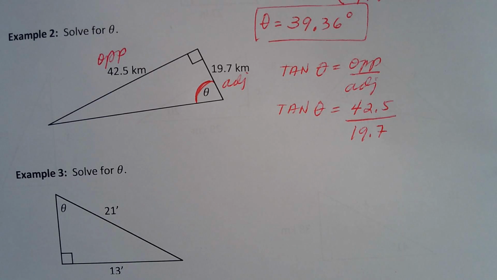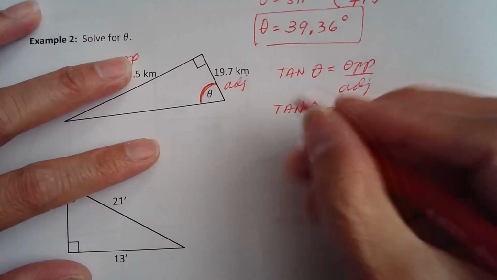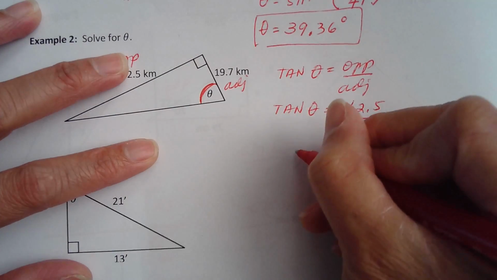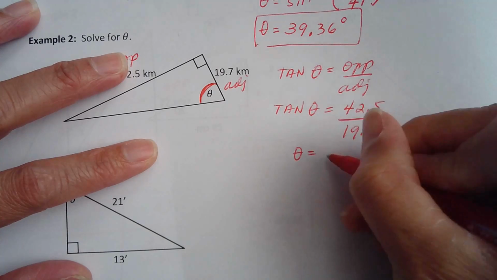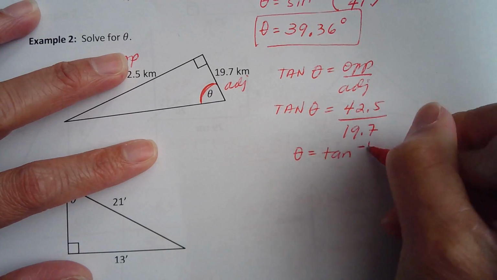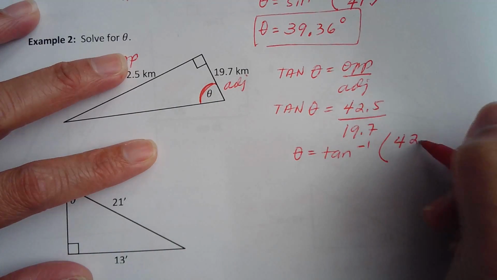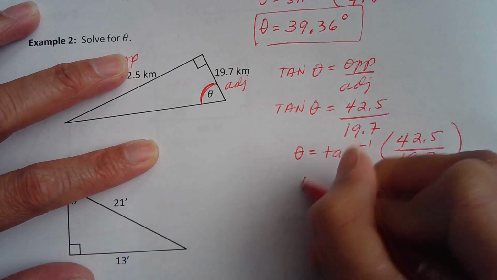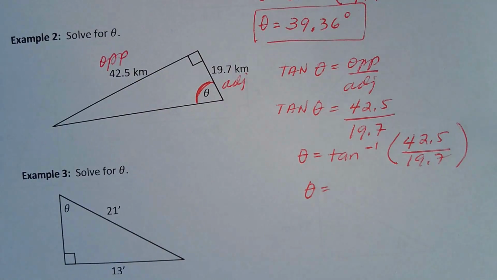You're going to do the inverse of tangent, right? Inverse of tangent. So theta is equal to tan inverse of 42.5 divided by 19.7.